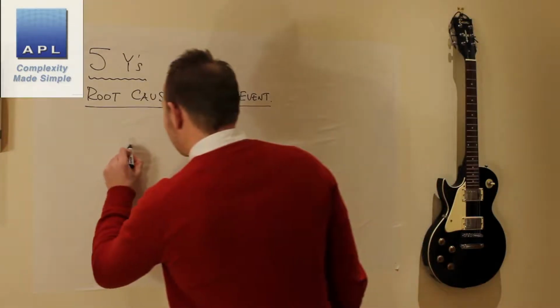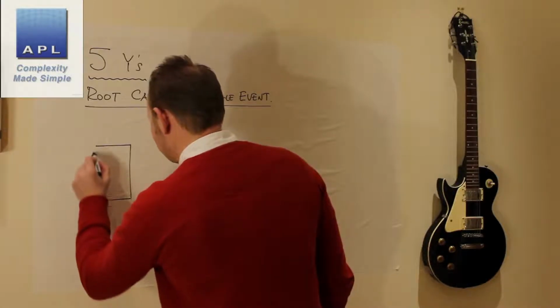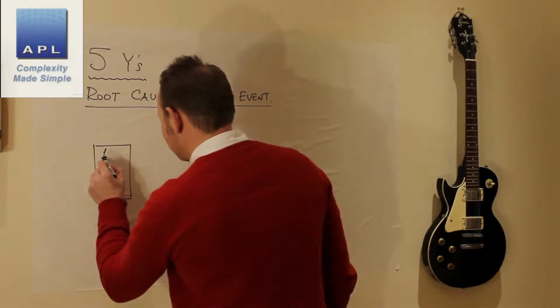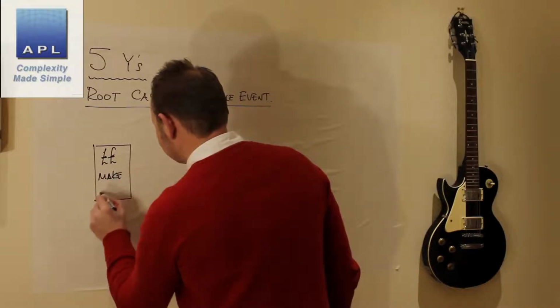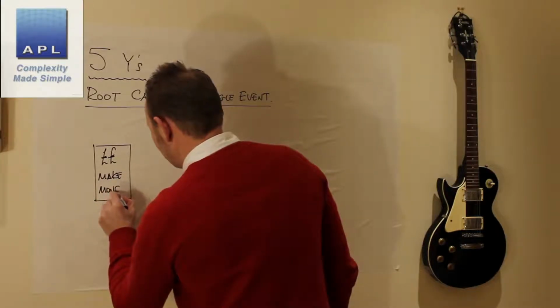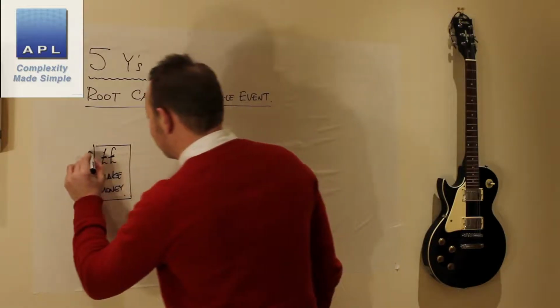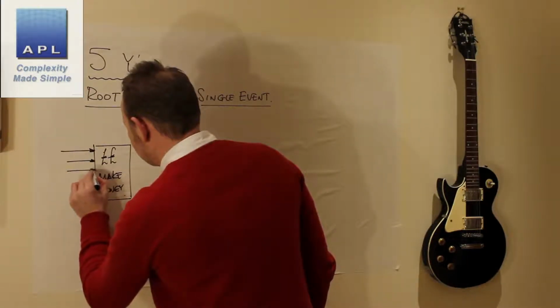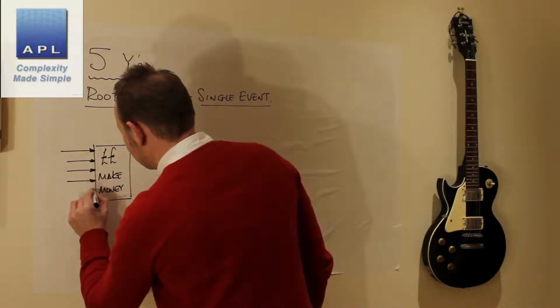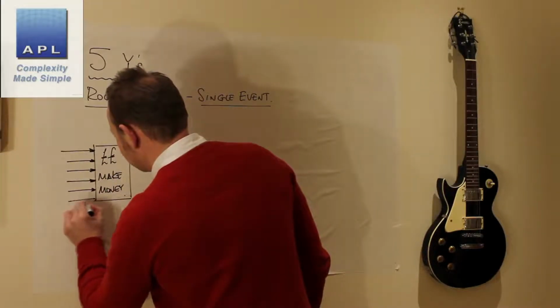So if I put my money making process up here for a second, here's our process. What are we trying to do? We're always trying to make money. What you have is many inputs to the process.